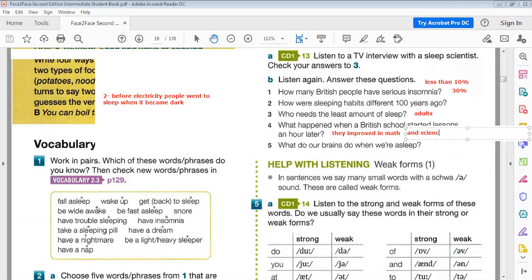What about number 5? What do our brains do when we're asleep? You told that. Yeah, can you repeat it, please, Malak? The same amount of energy when we are asleep. But I think this is when you talk about our whole bodies. Yeah, the brain has the same amount of energy.